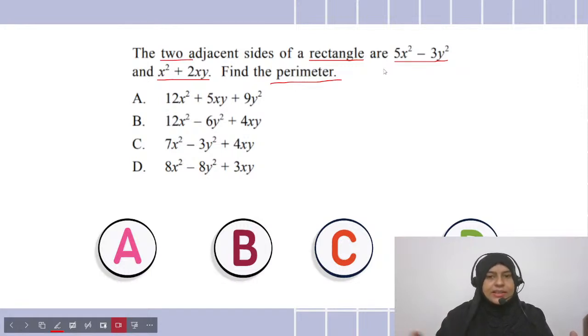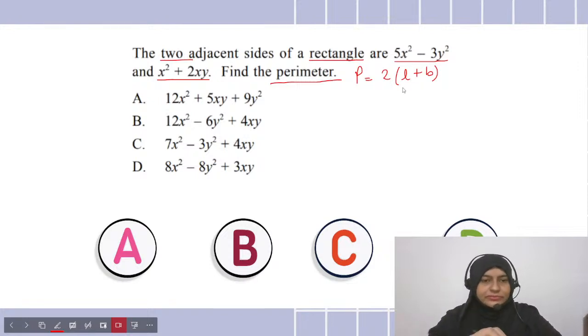Yes? So here, first of all, write the formula of perimeter. The formula of perimeter is 2 times (length plus breadth). Correct? Now, try to solve it. The formula is here and your length and breadth are here.